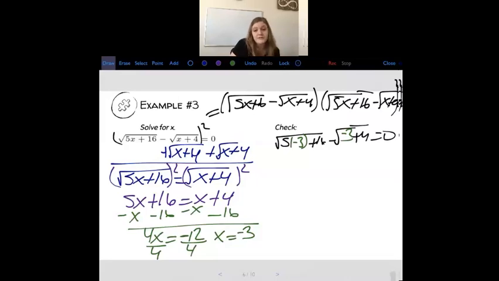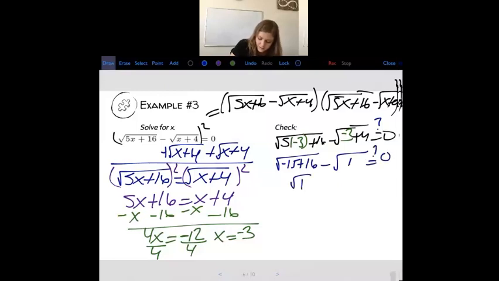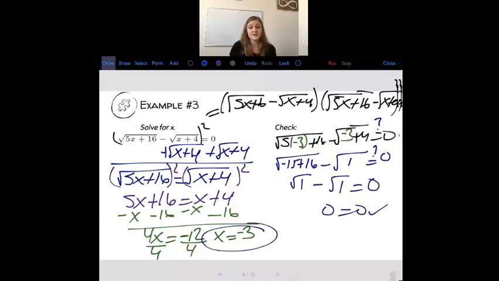Okay. So now we simplify the left-hand side to make sure that the equation is true. So this is negative 15 plus 16 minus square root of 1 equals 0. Square root of 1 minus square root of 1, and so we get 0 equals 0. So in fact, x equals negative 3 is a solution.